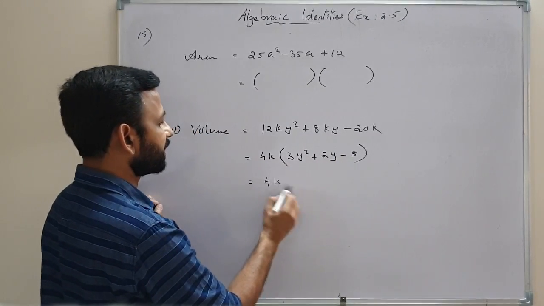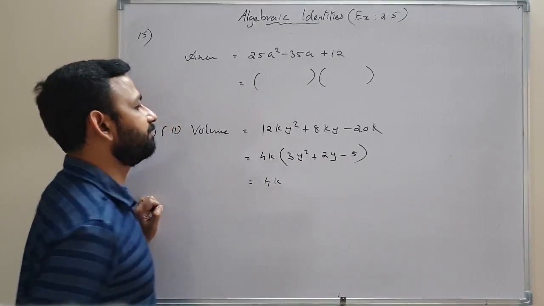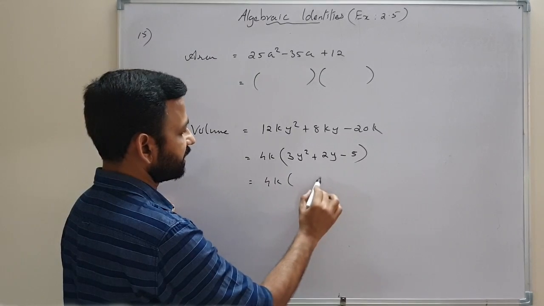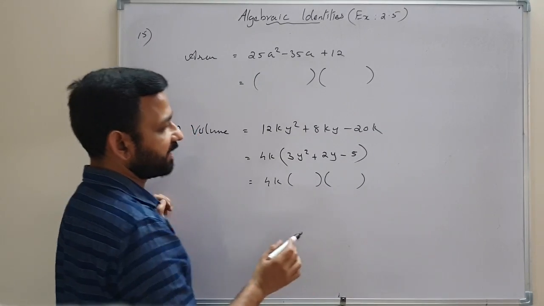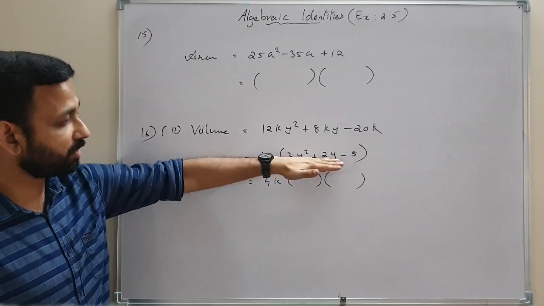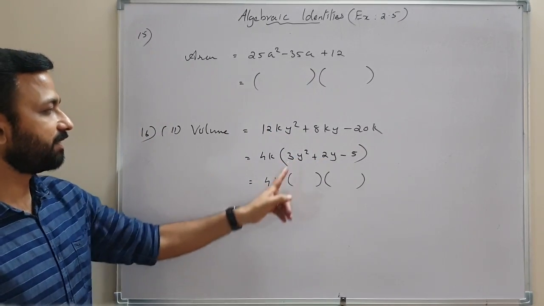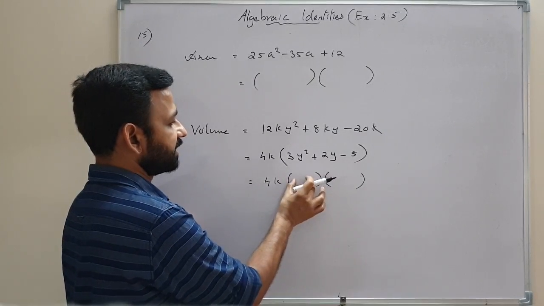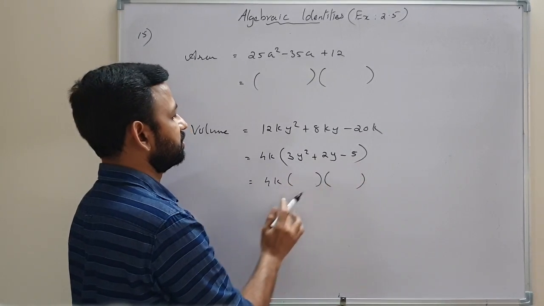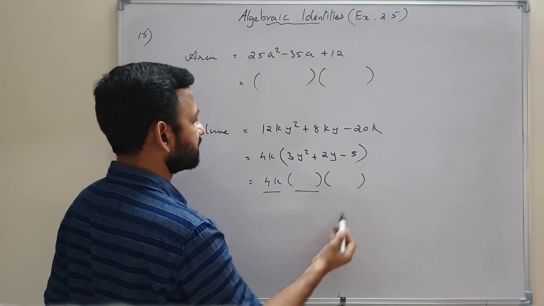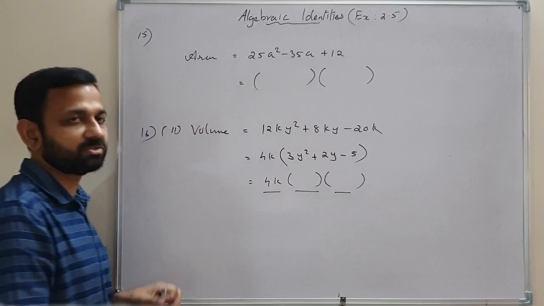Then that is 4k into, by splitting the middle term we can factorize this expression. Here already we learned how to factorize the given quadratic polynomial by splitting the middle term. When we factorize this expression, in each bracket we will get a binomial. So one of them is the length, the other is the breadth, and the third is the height.